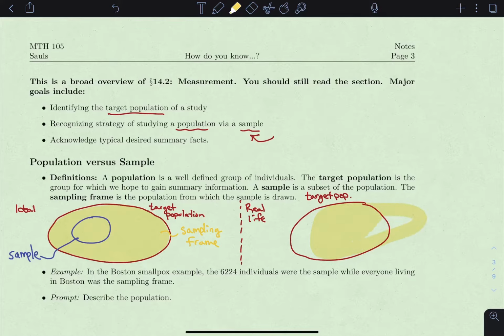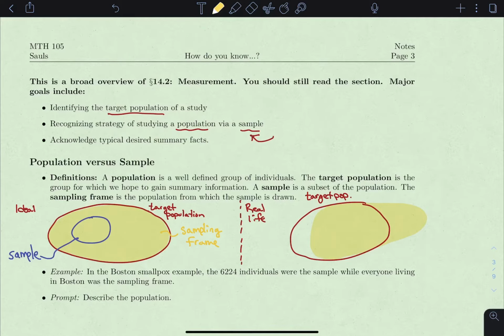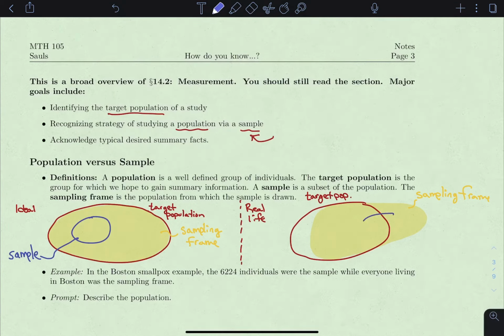And so there are individuals that you might sample that aren't actually in the population that you wish to know about. So this will be our sampling frame. And so then it's possible that when you go to draw your sample, you'll actually get some individuals who aren't even in the population that you wanted.